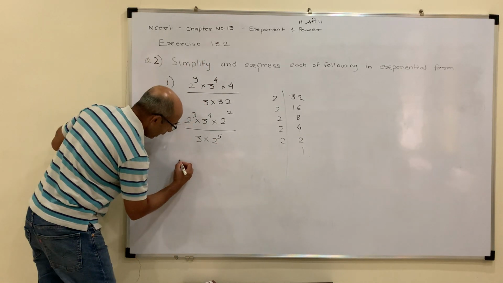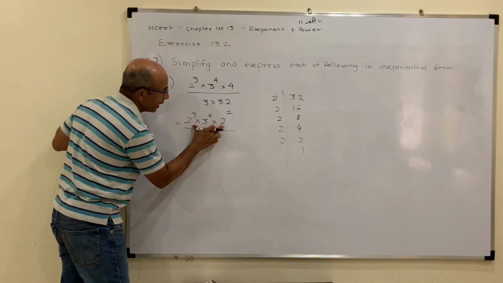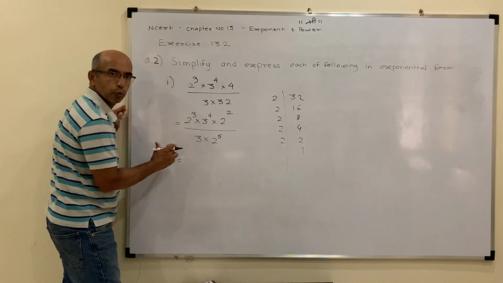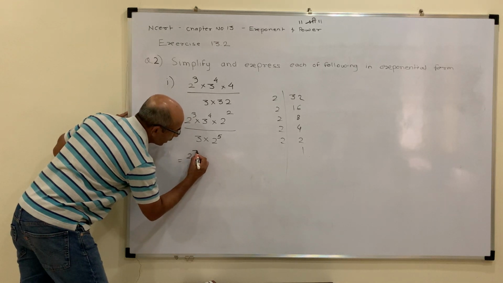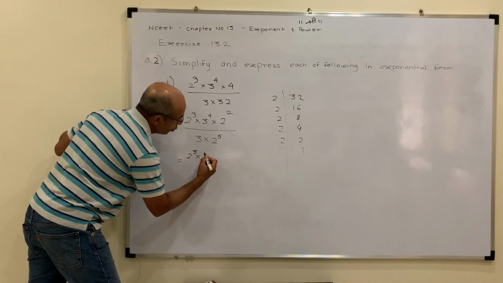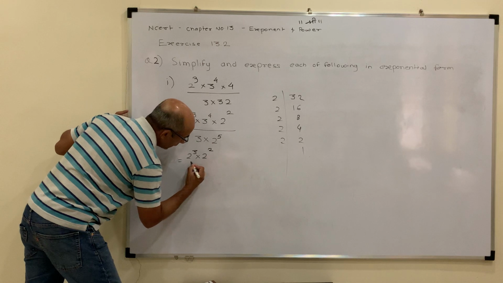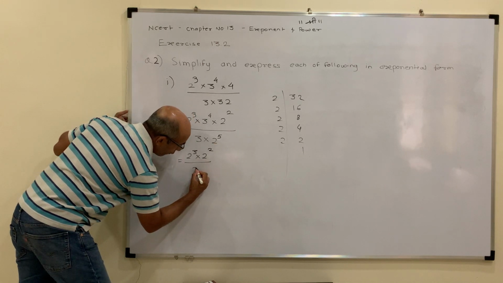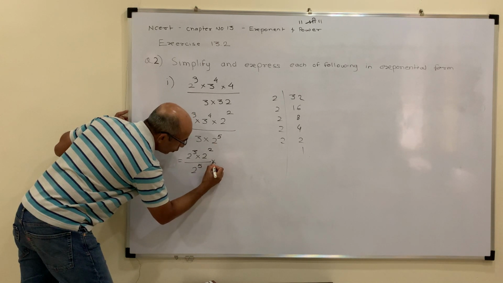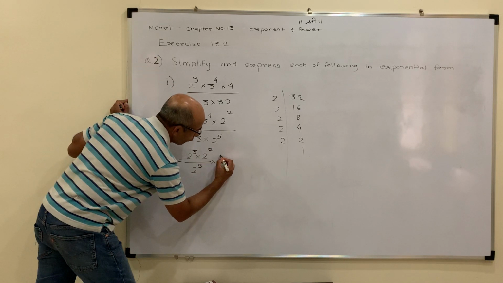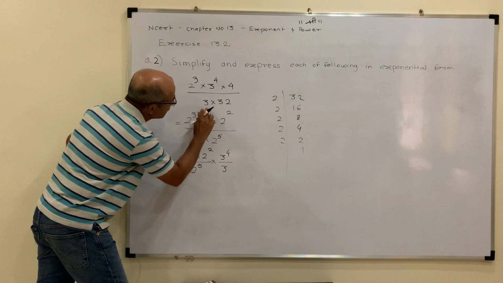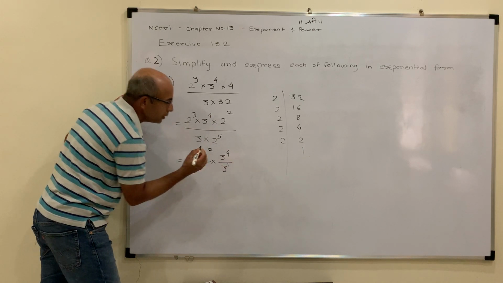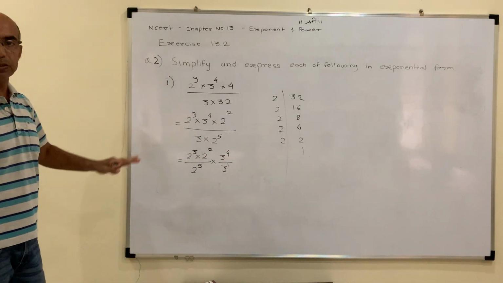Now I'll write the numbers where the base is the same and put them together. So I rewrite the problem: 2 raised to 3 into 2 raised to 2 divided by 2 raised to 5, into 3 raised to 4 divided by 3 raised to, there is nothing raised to, so when nothing is mentioned, it's a 1.